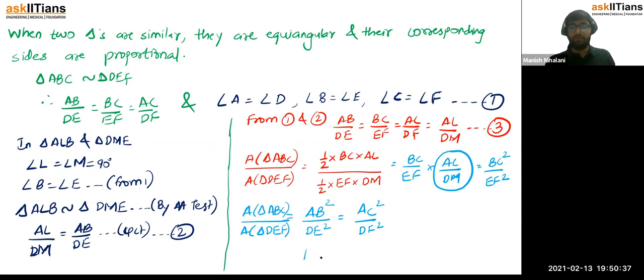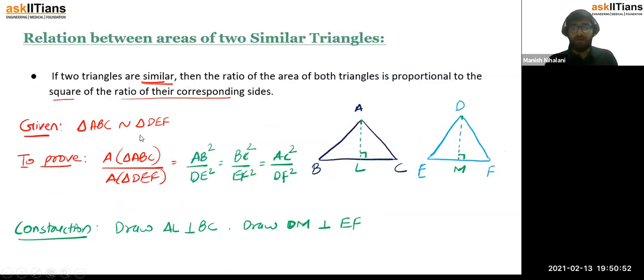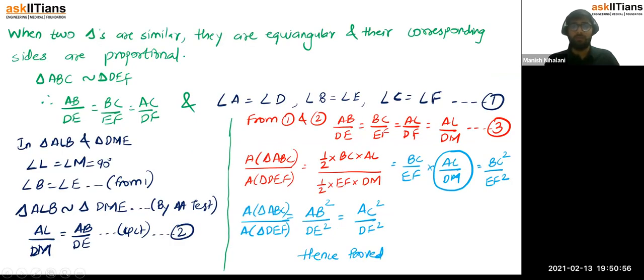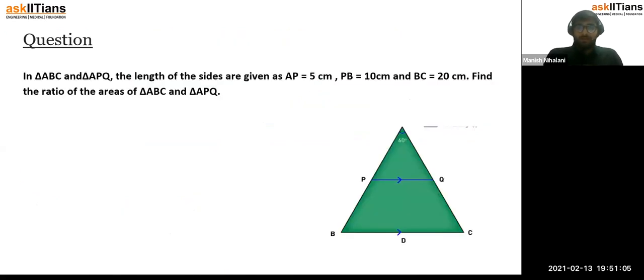So this is how we prove the results using similarity of triangles. We use the AAA similarity which we had learned in lecture 1. This is very important to understand, so let's quickly go through it. We made a construction of altitudes and then we proved the triangles similar by AA test, and then we just got the result, right?